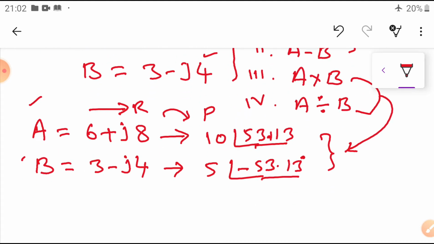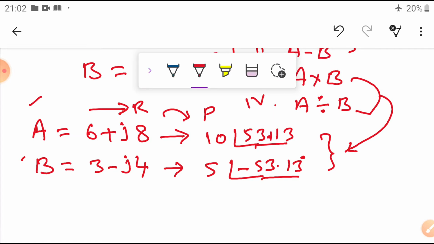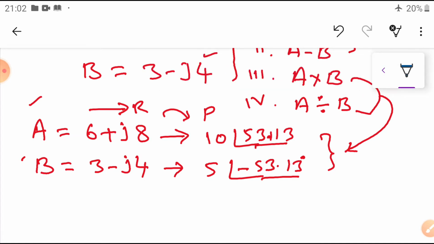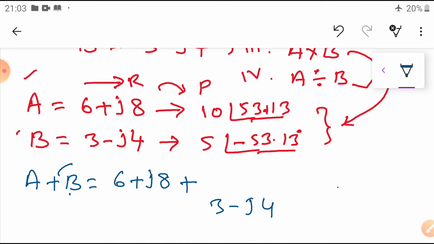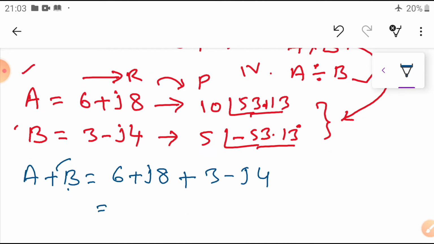Let us do that. Now, what is A plus B? For addition, the rectangular method is better. A is 6 plus j8, plus B, which is 3 minus j4. What do we get here? 6 boys in one family, 3 boys in another family, total boys are 9.